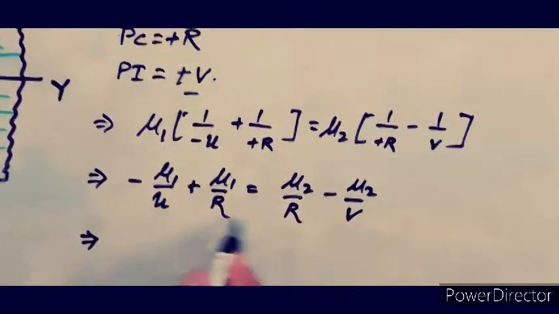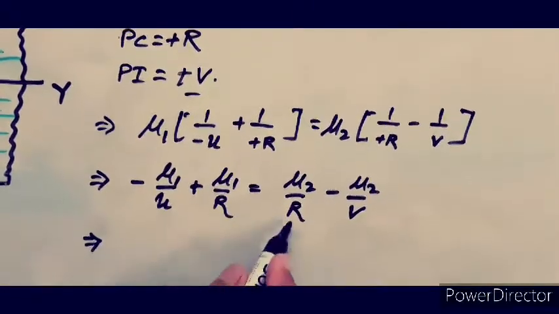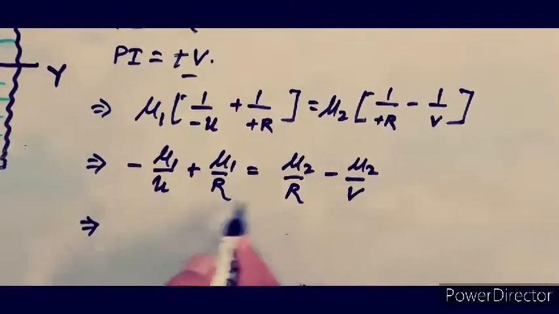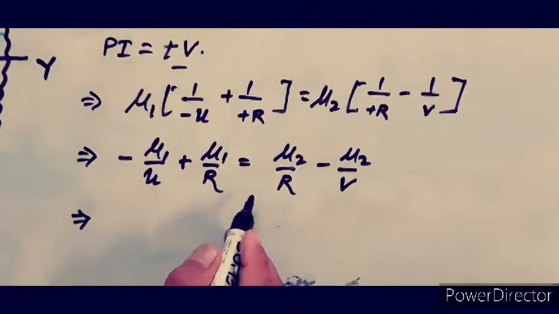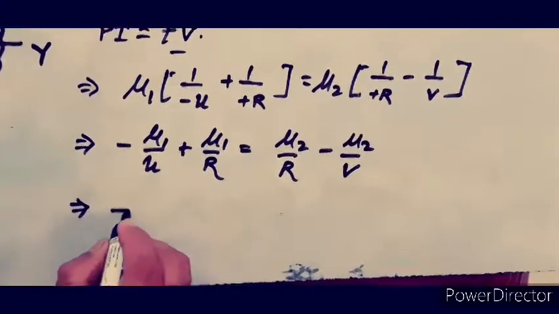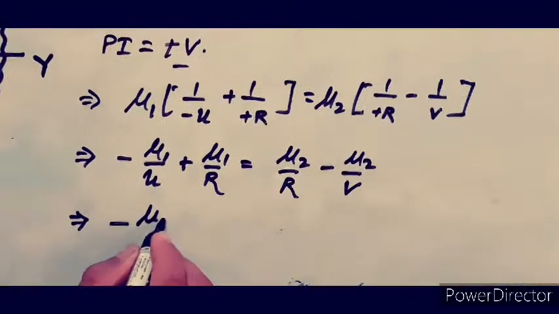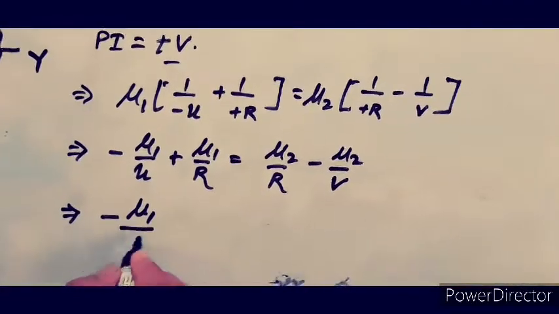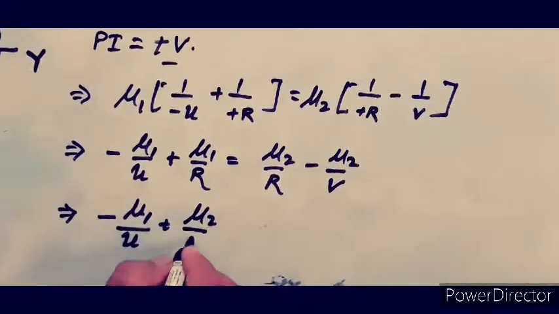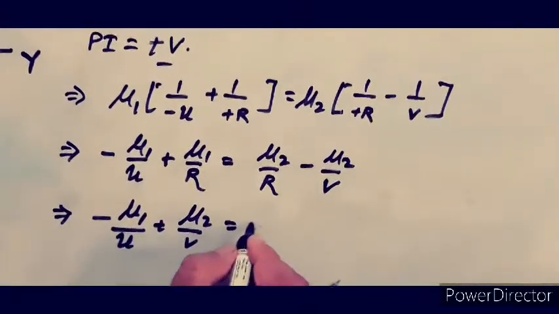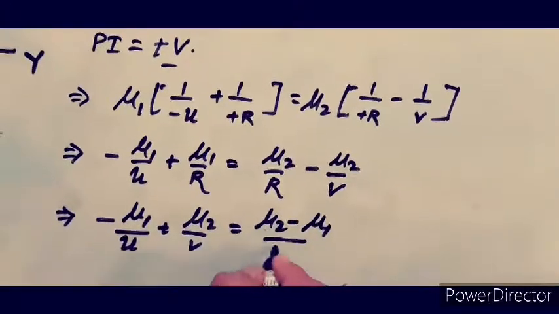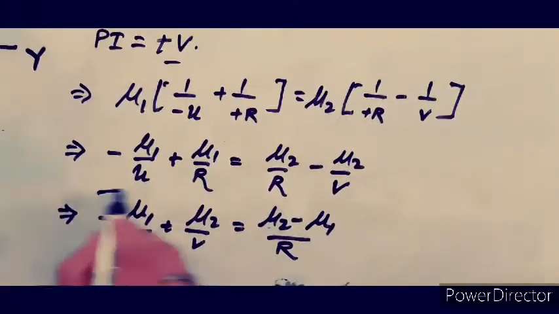Now what we are seeing is that R is common. Common means the denominators in these two terms are the same. So how are we going to write it? We can write minus mu1 by u plus mu2 by v is equal to mu2 minus mu1 by R. How have we written this?